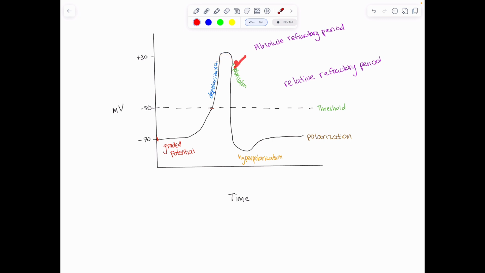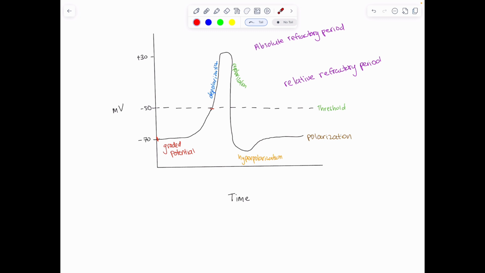Once we get to right here, the sodium voltage gated channel is completely closed, and the potassium voltage gated channels are open, and it's going to flow very quickly. Once we hit the threshold going back down, we begin closing those voltage gated potassium channels.